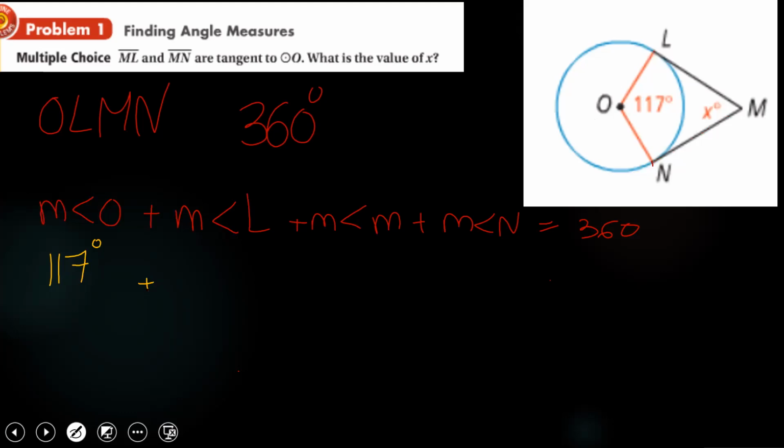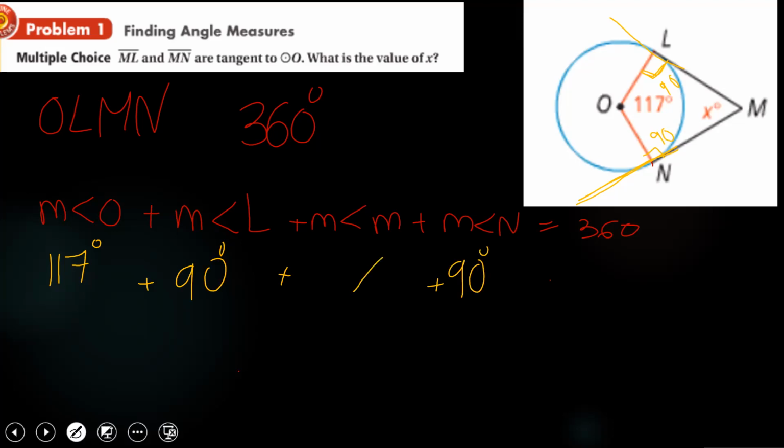Now, in Theorem 12.1, we say that if there's a tangent line that intersects a circle, it will be perpendicular to the radius. Since it is perpendicular, this angle is 90. And here we have the same: this is the tangent line, perpendicular to the radius, so it is 90. So angle L is 90 and angle N is also 90.